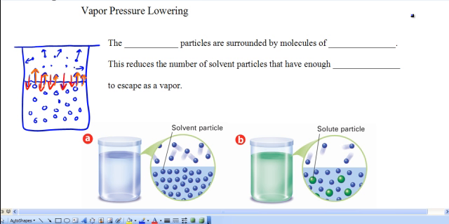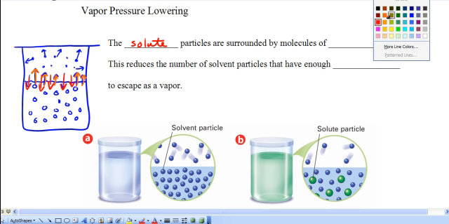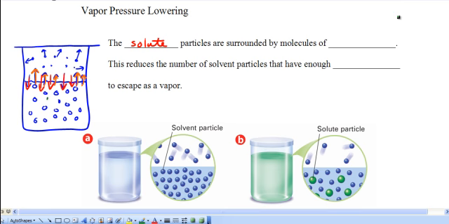So what ends up happening is that these ions, or we'll just say the solute particles, that are going to be in solution, when you start dissolving something, if you start putting in solutes, those solute particles are going to be surrounded by water, by molecules of water.